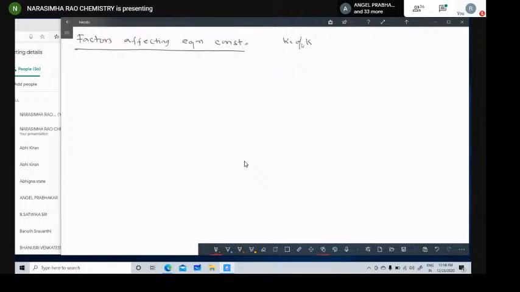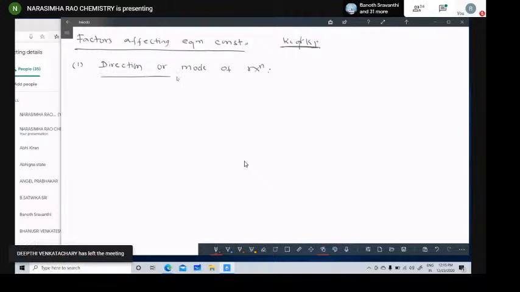Is it clear? Now the first one is the direction or mode of reaction. So how is the direction of the reaction affecting Kc or Kp.